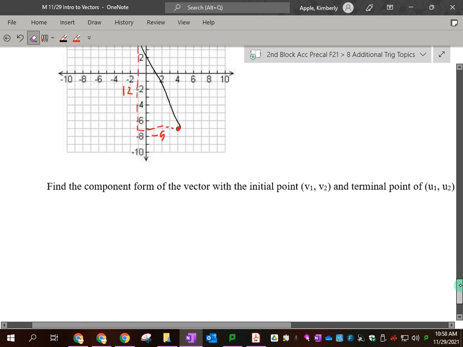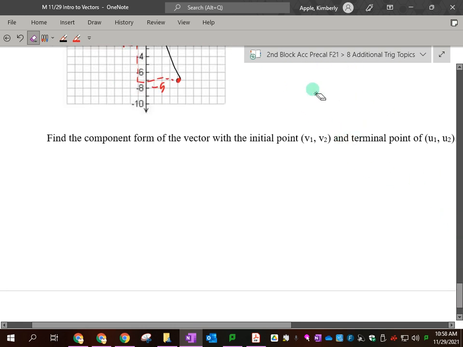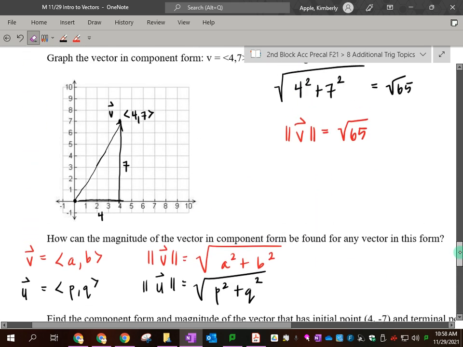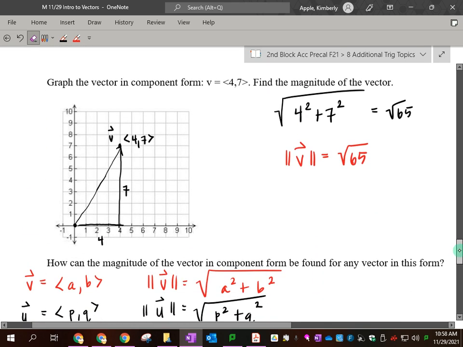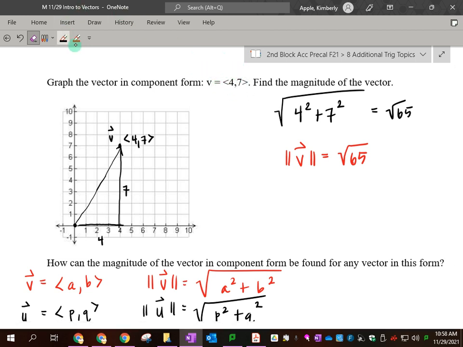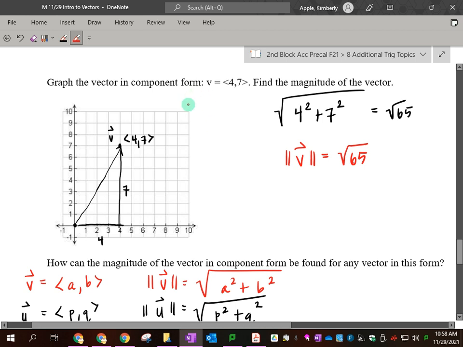So in general, if we are looking for the way to find the component form of any vector with any initial point and any terminal point, remember, how do we do this if it's in standard position? What's the terminal point of this vector? 4, 7, and the initial point is the origin.